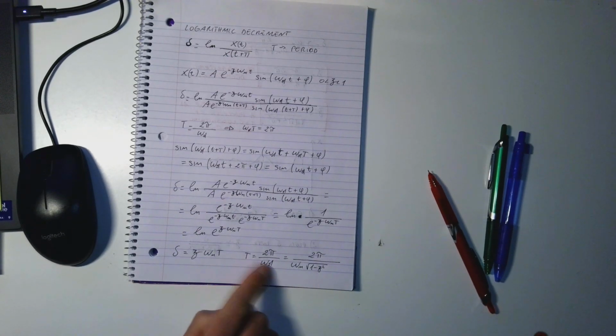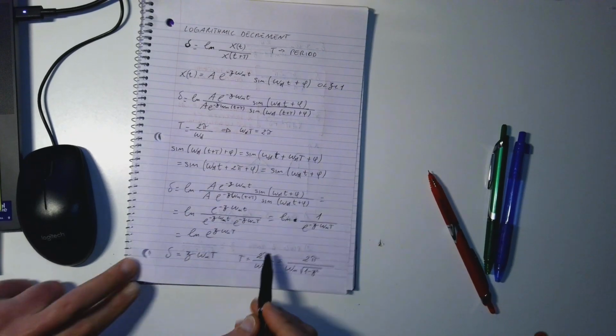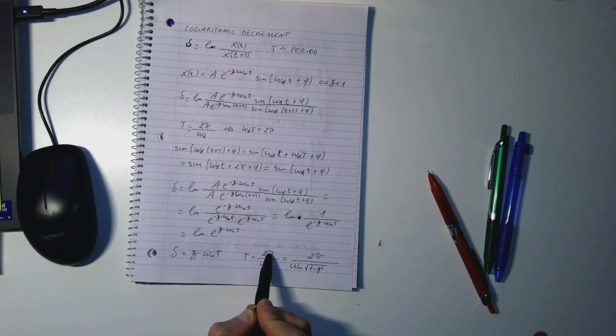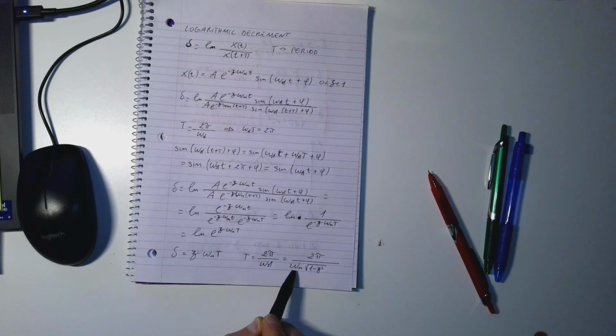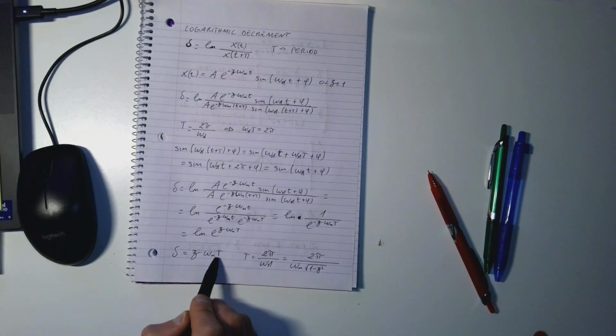So these two quantities are related to each other through the 2 pi, so we can write this expression here, and we also know that the damped natural frequency and the natural frequency are related to each other through these two expressions here. So this is how we found our period T.